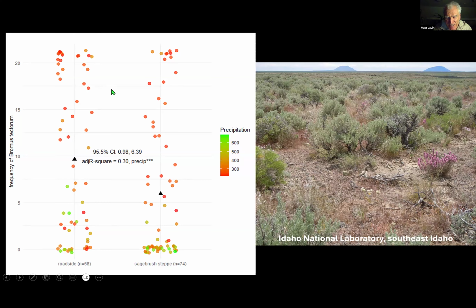Regardless of these findings, the sagebrush steppe sites with a high frequency of cheatgrass, so that would be these over here, were found in the upper Snake River Plains, say the Idaho National Laboratory, between Arco and Idaho Falls, where summer drought averages more than 2 months. So here's a picture from the Idaho National Lab of the sagebrush steppe, and you can kind of see a faint hazy purple. A lot of that is cheatgrass. It was sampled in all 20 random stops in this particular transect here.